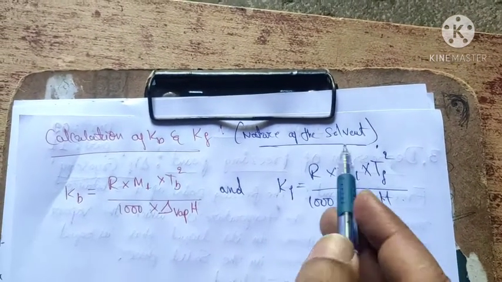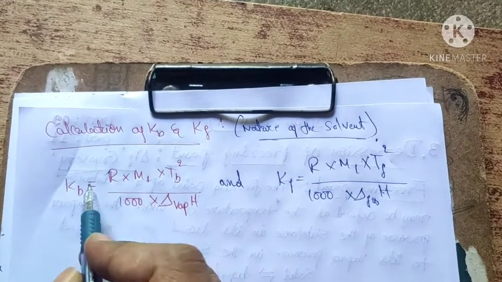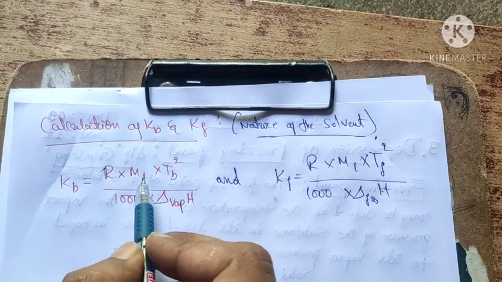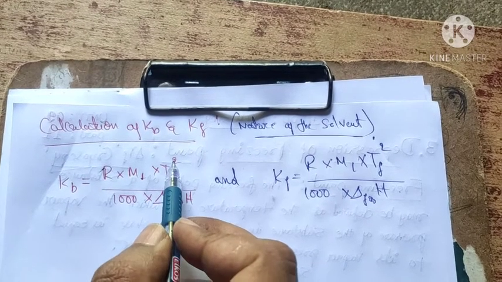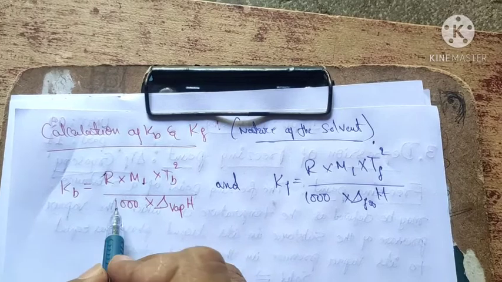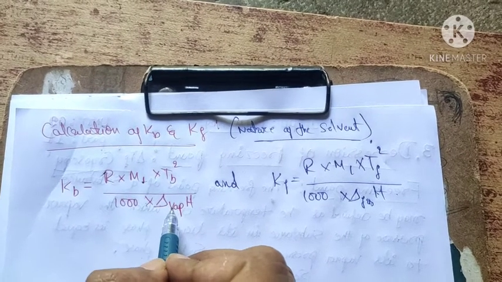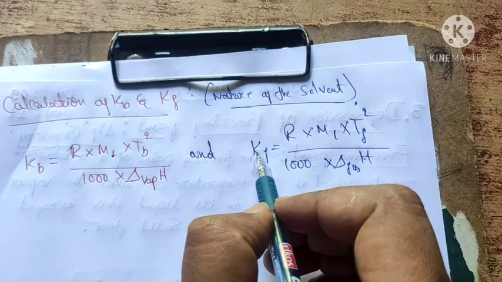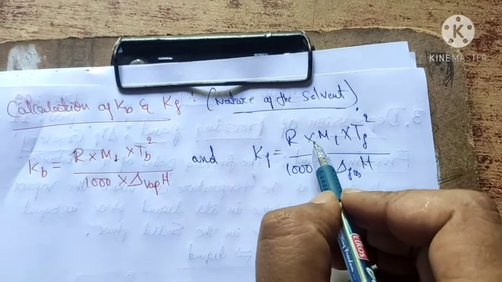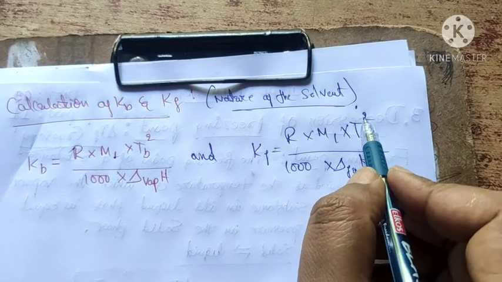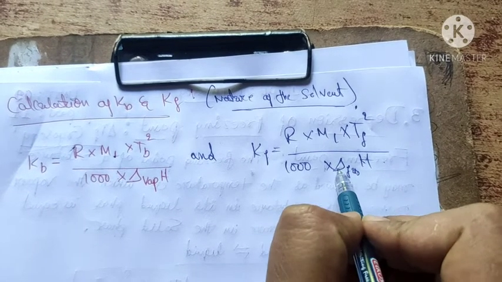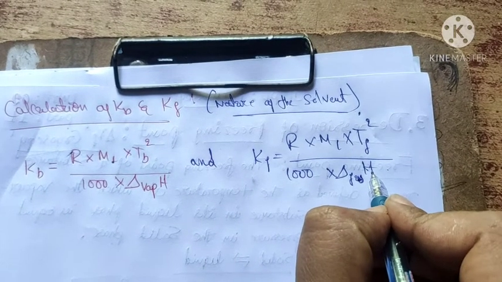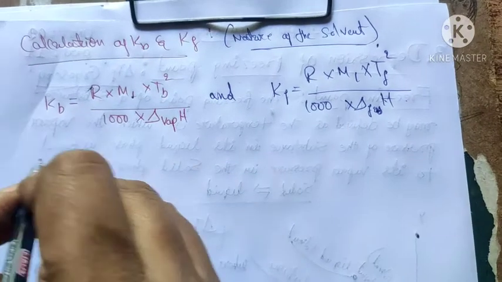In this case, KB is equal to R into M1 into TB square divided by 1000 into delta vapor H, and KF is equal to R into M1 into TF square divided by 1000 into delta fusion H.